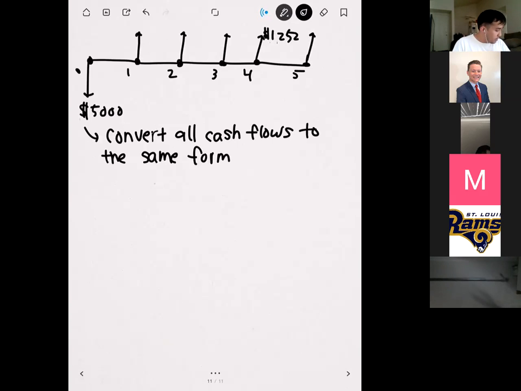And when we convert everything to the same form, we can simply add them up together, and then set it equal to 0.